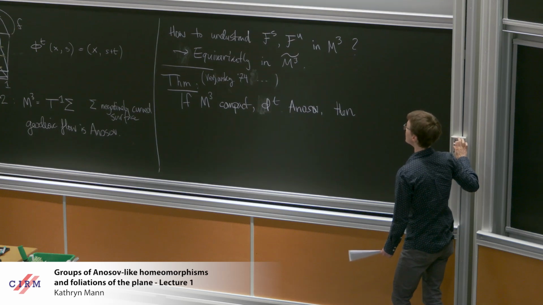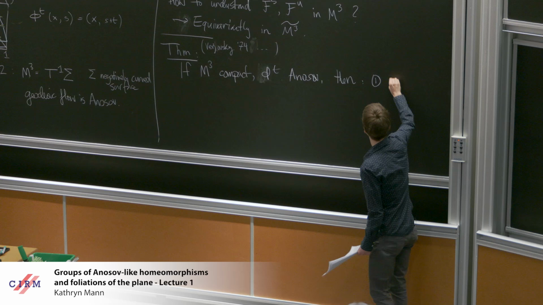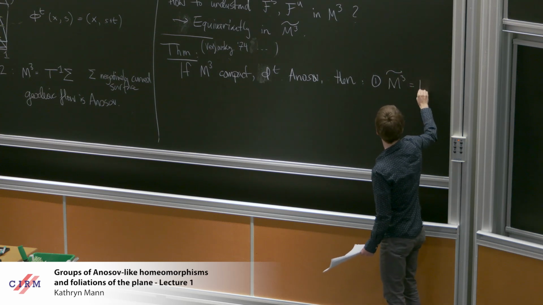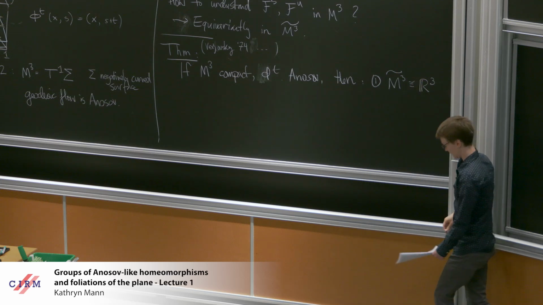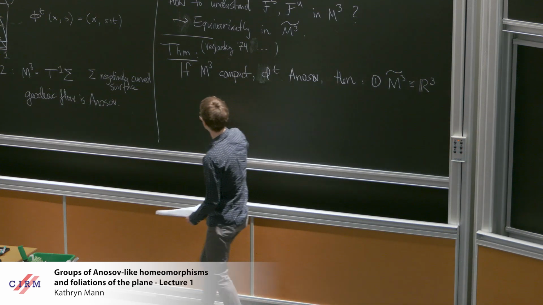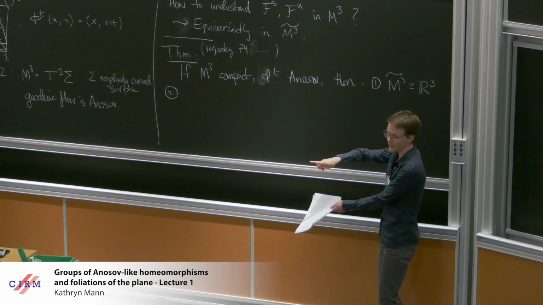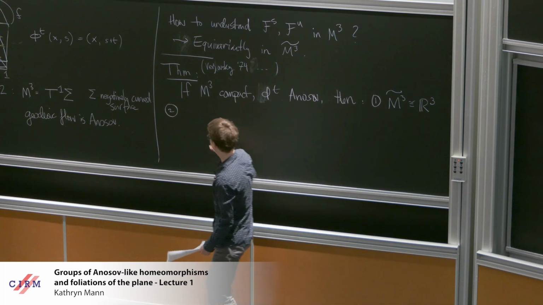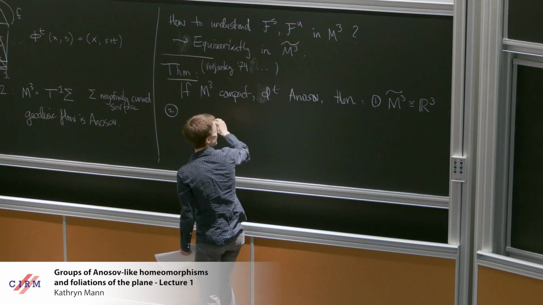One, my manifold is aspherical, so its universal cover is homeomorphic to R3. Two, I can lift my flow. It's just generated by a vector field. Lift up the vector field, you generate a new flow. I'll call that lifted flow phi tilde or something like this.